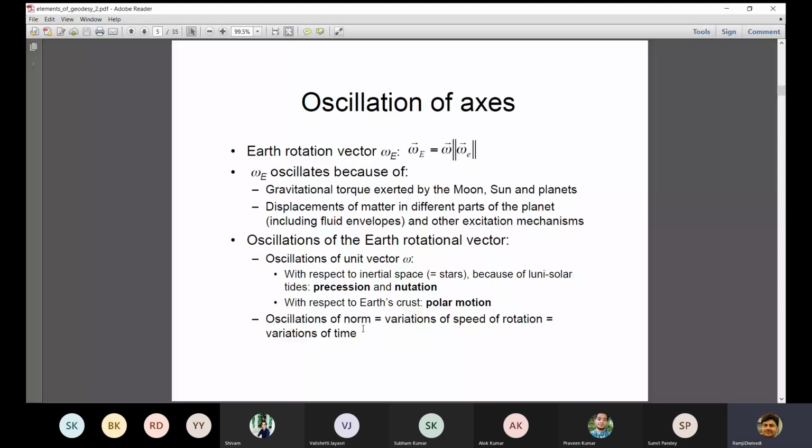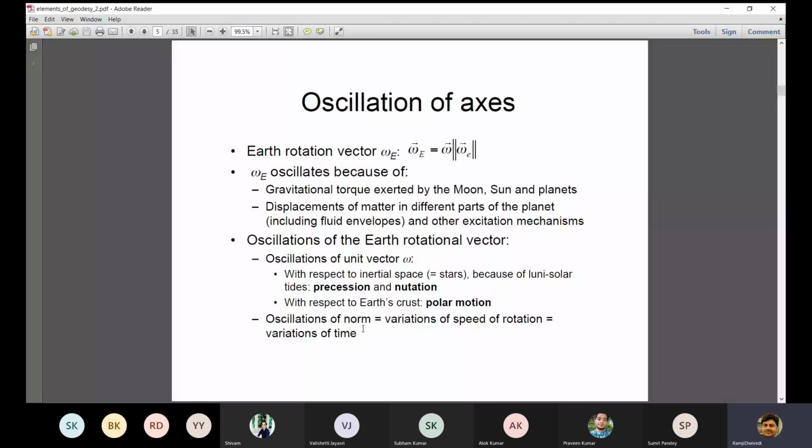Please have a look at this slide. Just try to grasp the concept. It's a very simple concept. You have the Earth rotation vector omega e, represented by the unit vector omega multiplied by its magnitude. This omega e oscillates because of gravitational torque exerted by the moon, sun, and planets, displacement of matter in different parts of the planet, and other excitation mechanisms.